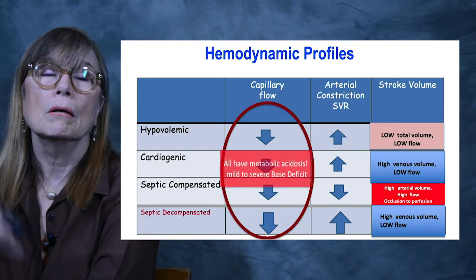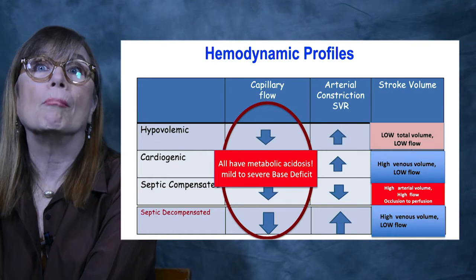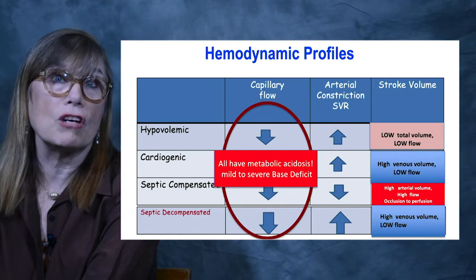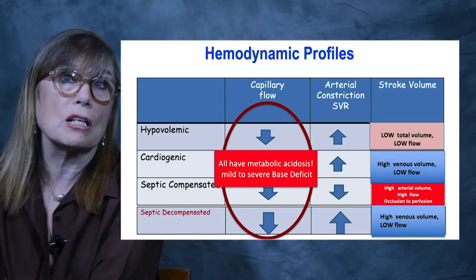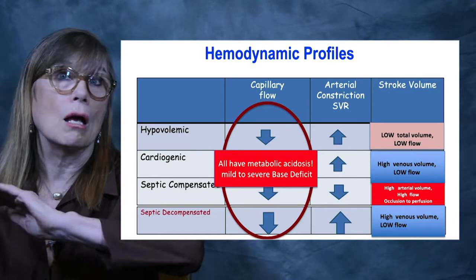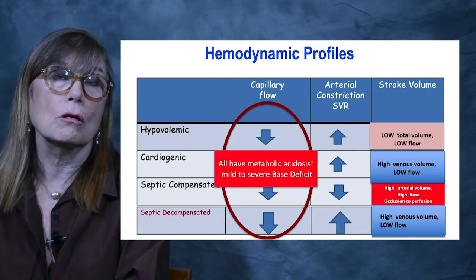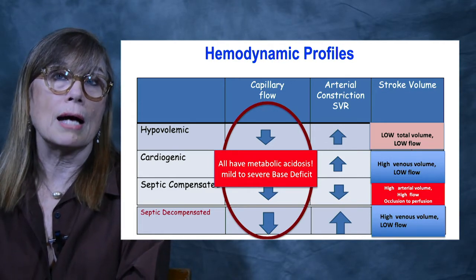And by the way, all of them share this: metabolic acidosis with mild to severe base deficit, depending on how severe the underlying problem is. So if we have a severe base deficit with severe metabolic acidosis, they're all going to lose vascular tone. None of them will respond to vasopressors in the state of severe metabolic acidosis.